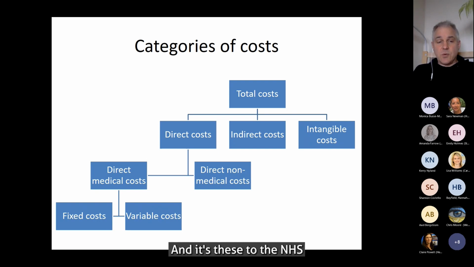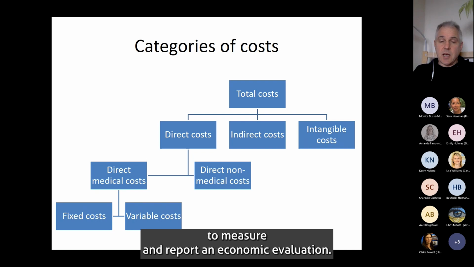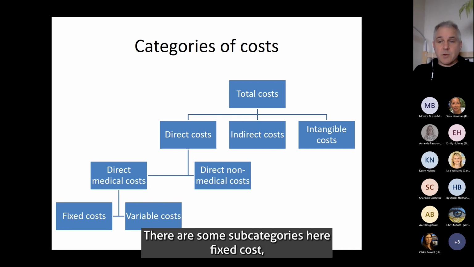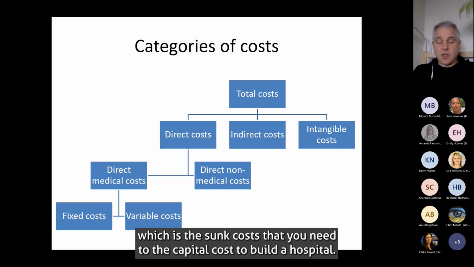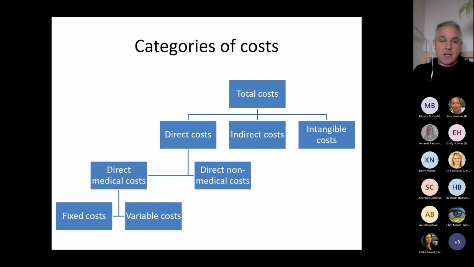And it's these two, the NHS and the personal social services cost categories, that we are more likely to measure and report in economic evaluation. There are some subcategories here: fixed cost, which is sort of sunk costs, where you need a capital cost to build a hospital, and then there's a variable cost of running the hospital over periods of time.